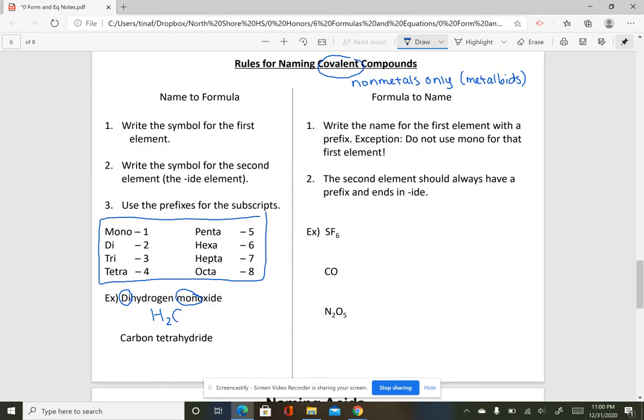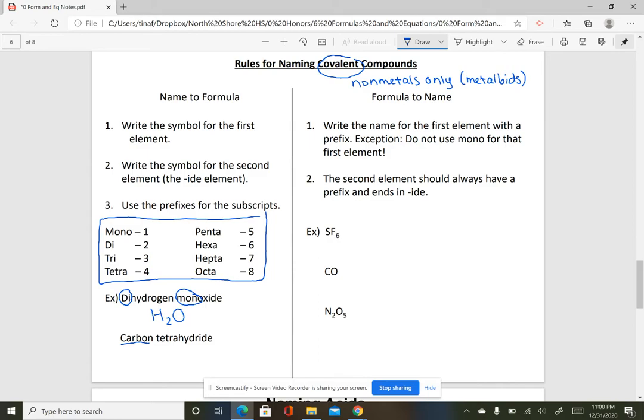So one oxygen. So water is the common name for H2O, but this would be the IUPAC name for H2O, dihydrogen monoxide.